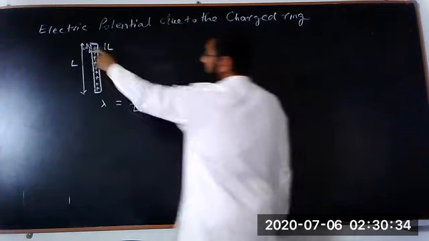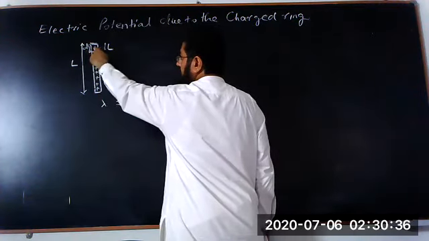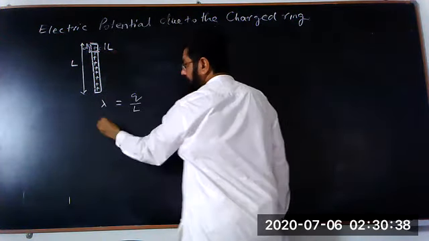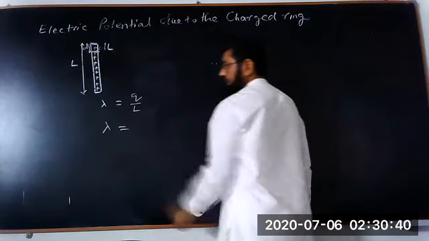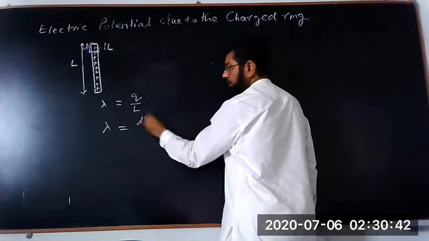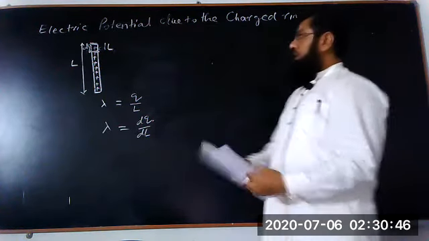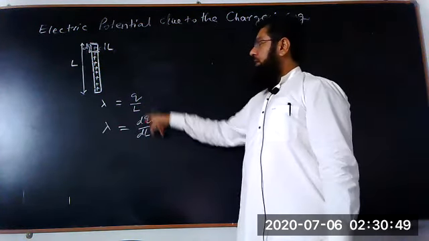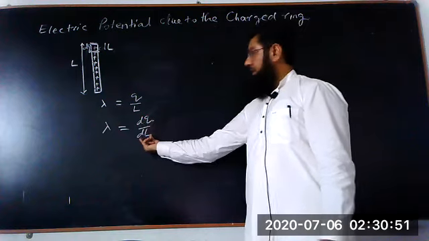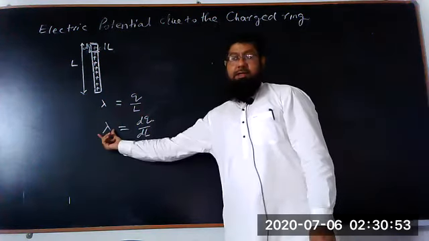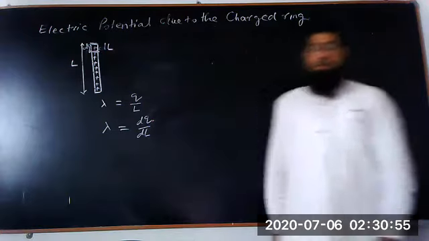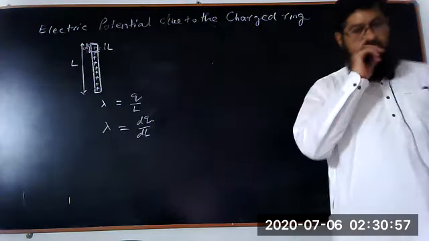So dq is the amount of charges within this small element dl. Again, the linear charge density can be written as dq over dl. Instead of total charges per total length, the amount of charges within this small length gives you the same density. And this density is known as a linear charge density.